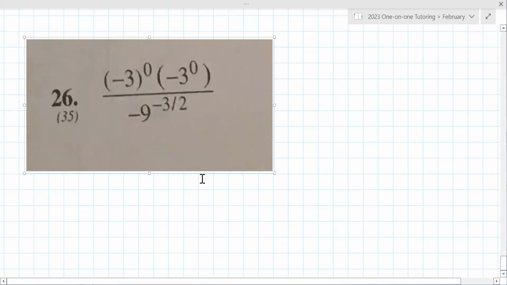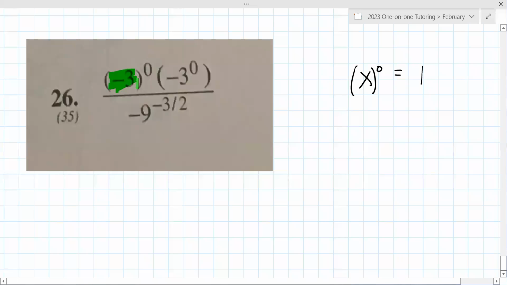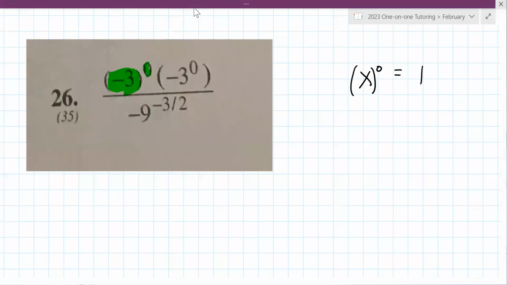Okay, so you've probably seen this before. Anything with the 0 power is 1, but it's the thing that's being taken to the 0 power that is 1. So the first one on the top left truly is minus 3 to the power of 0, and that's just 1.